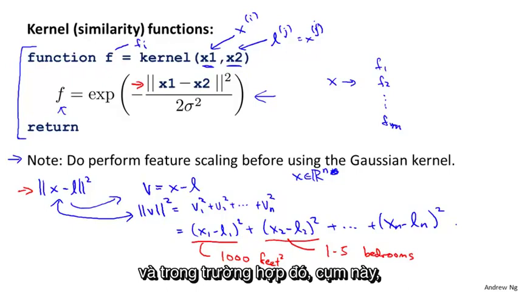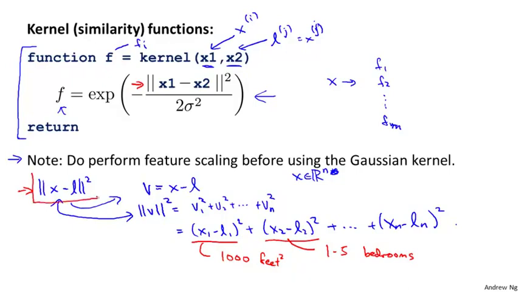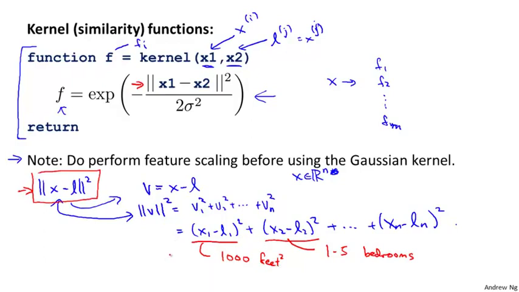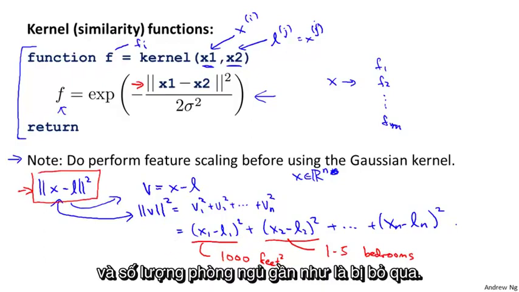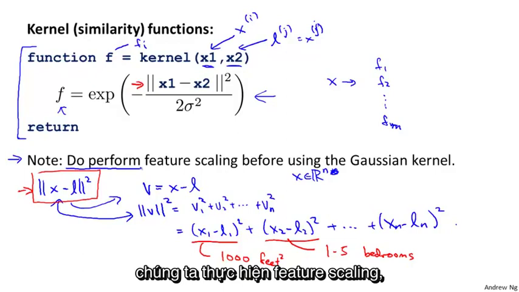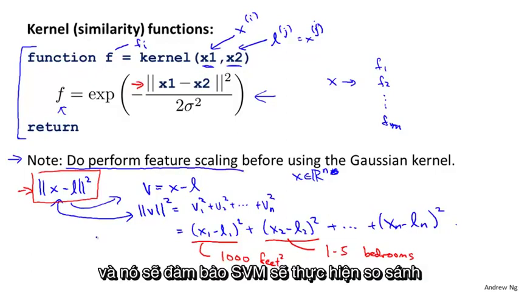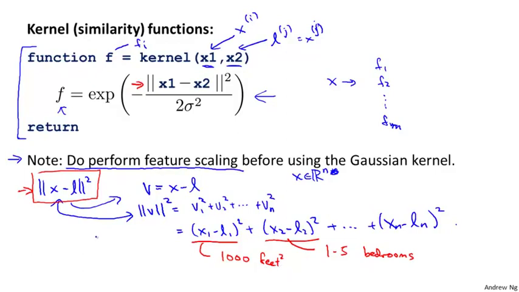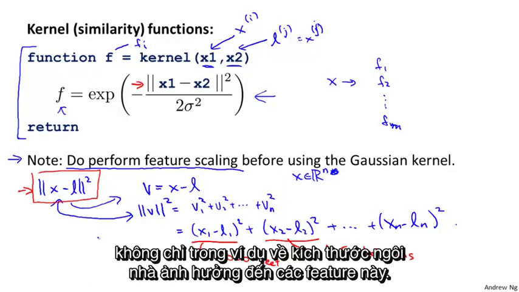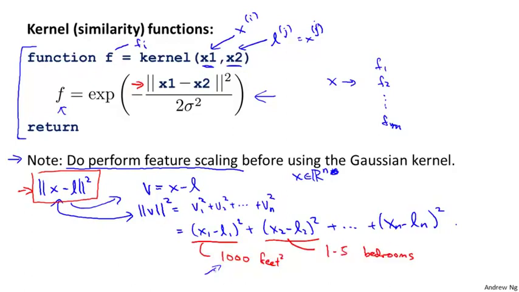And if that's the case, then in this term, those distances will be essentially dominated by the sizes of the houses, and the number of bedrooms will be largely ignored. And so to avoid this, in order to make an SVM work well, perform feature scaling, and that will make sure that the SVM gives comparable attention to all of your different features, and not just to, in this example, the size of the houses while ignoring the other features.